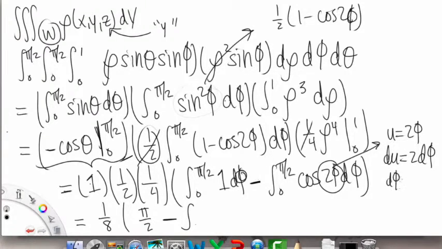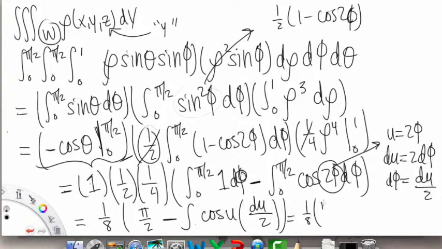So d phi by itself is just du over 2, so we'll sub that in here. So we have cosine u, and then d phi is du over 2, okay? So that will be a 1 over 8 times pi over 2 minus 1/2 sine u, okay? And I'll sub 2 phi back in for u on the next slide.